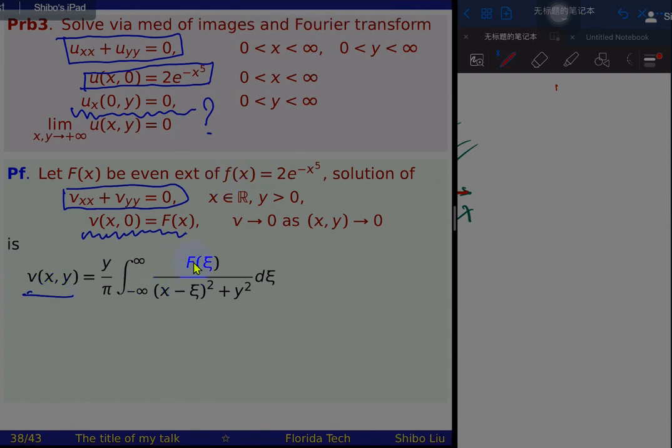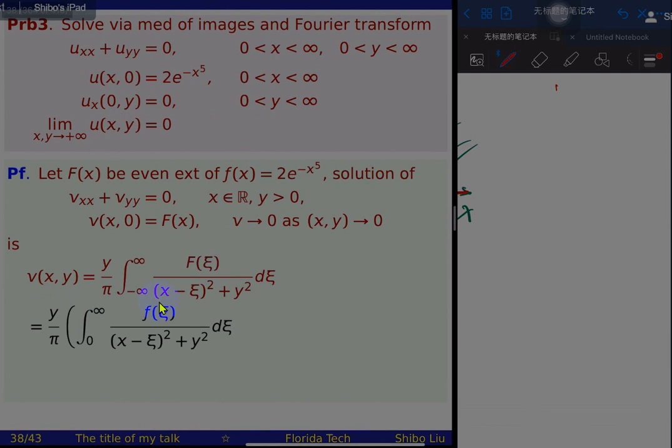That is how to deal with this v. First we express this v in terms of small f. Because capital F is the even extension of small f, we split the integral from minus infinity to infinity into two integrals. One is from 0 to positive infinity. In this interval, capital F just equals small f, so this integral can be written using small f.